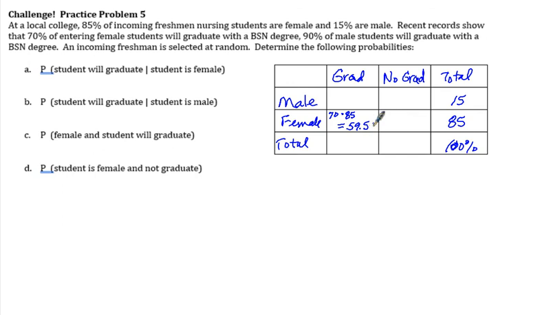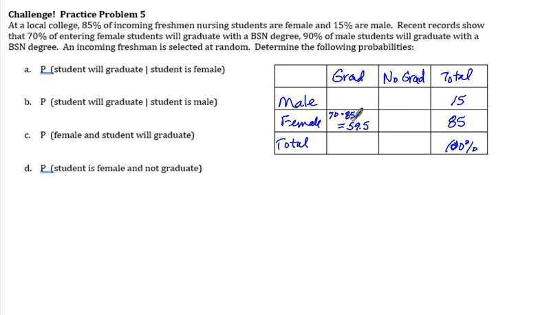59.5% graduating females. Okay, 59.5% of the whole group are females that graduate. Because 70% of the 85%, so you're both 70% going to graduate, times 85%. So these two events are happening together. You're female and you're graduating, or rather backwards, you're graduating and you're female.